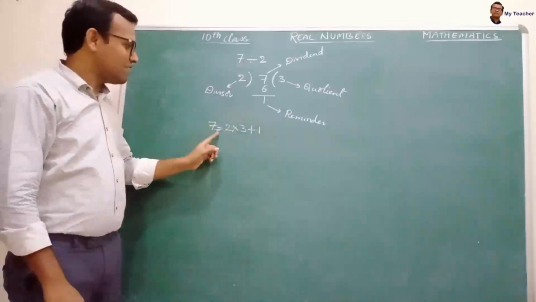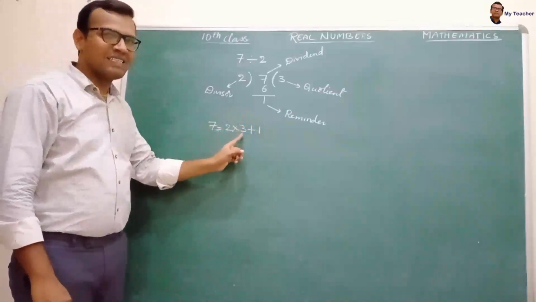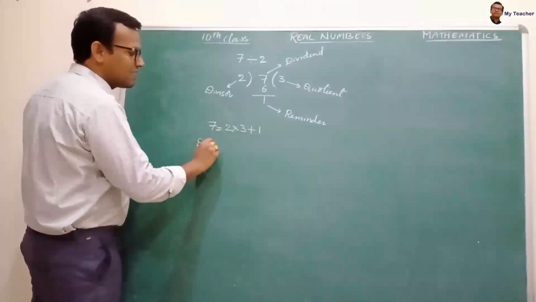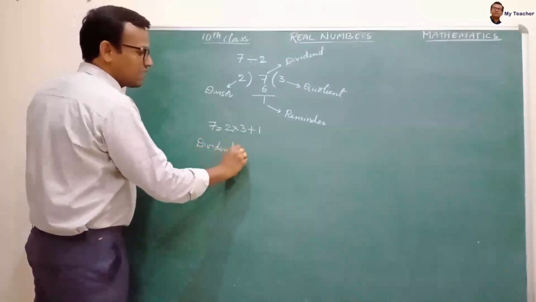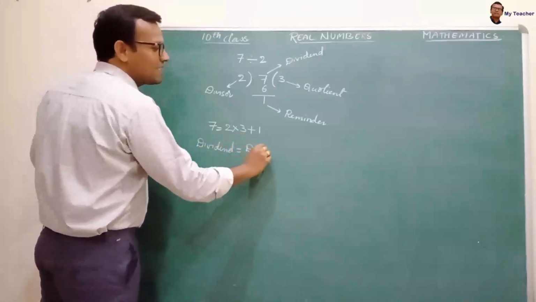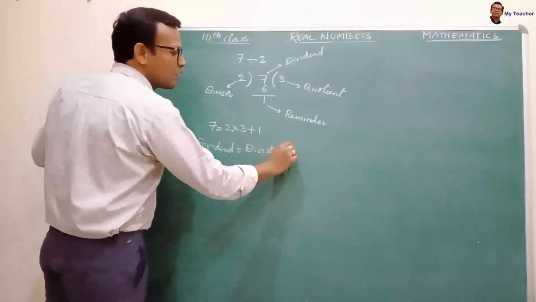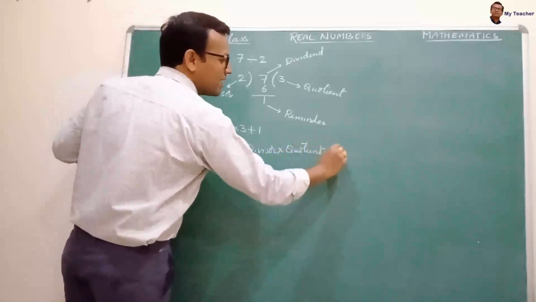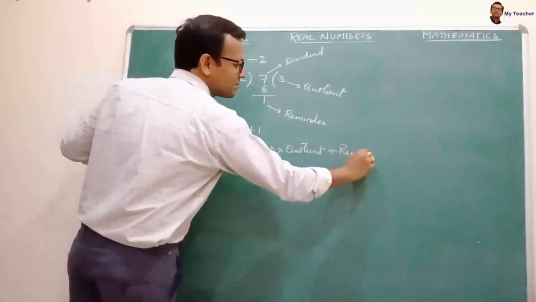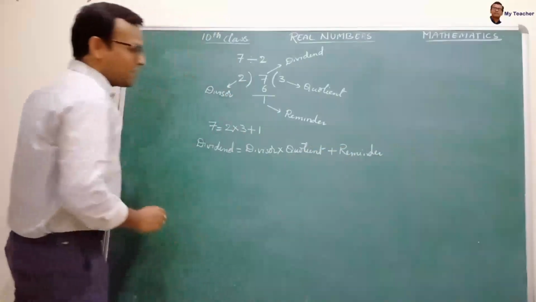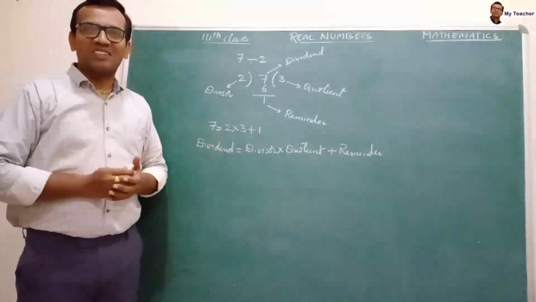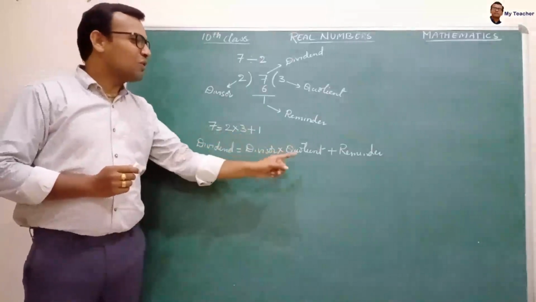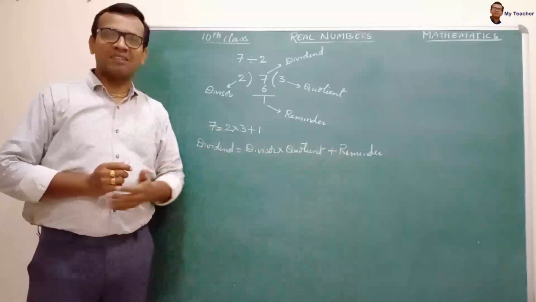Absolutely correct. That means dividend is equal to divisor into quotient plus remainder. So this is the relation. Dividend is equal to divisor into quotient plus remainder.